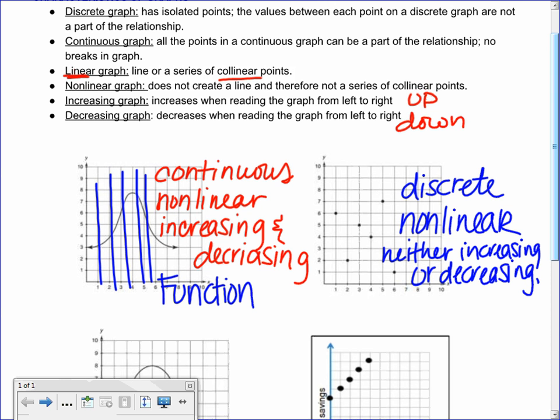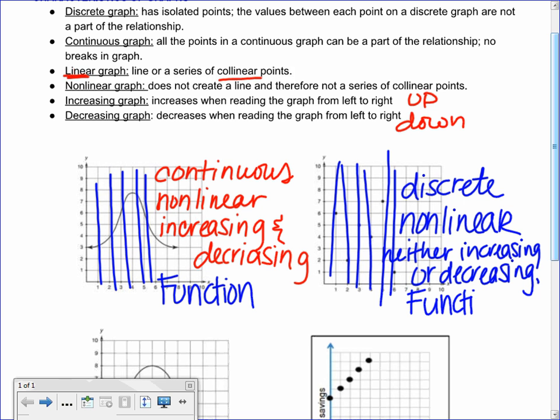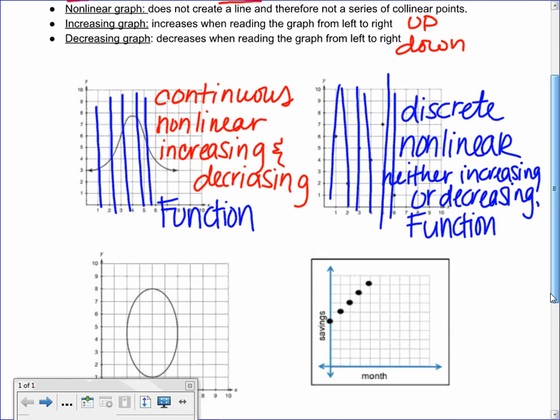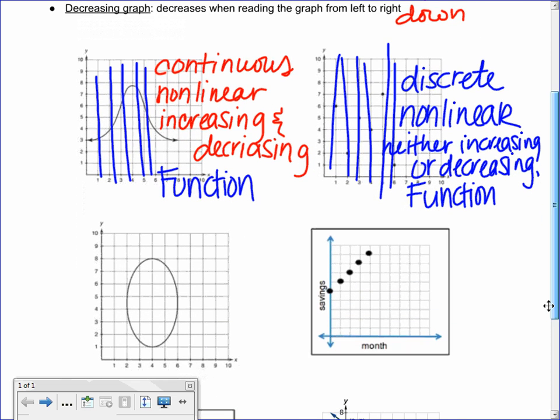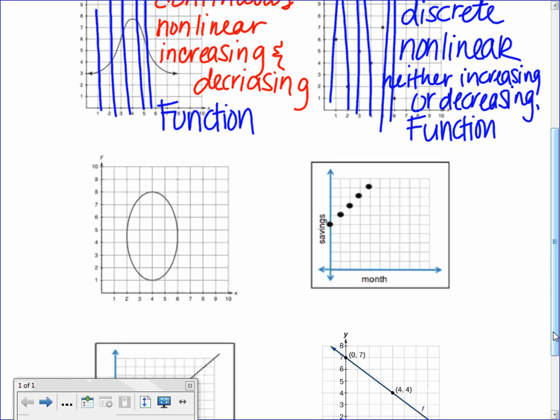And so when I go through, this would be a function based off of my vertical line test. And eventually, we would find that function rule that's fitting these ordered pairs. Let's go to the next two. This would be continuous because my points don't have a break.